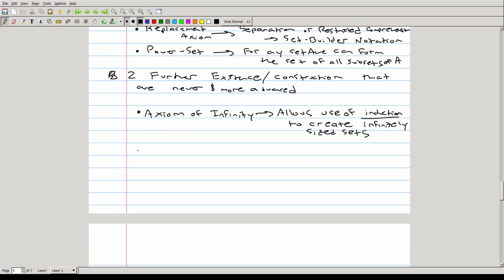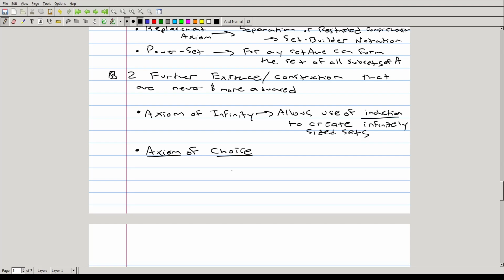And the axiom of choice, which is slightly more advanced than all the other axioms and takes a little bit to really understand what it's saying, but this turns out to be a fundamental axiom to most big theorems in modern mathematics.